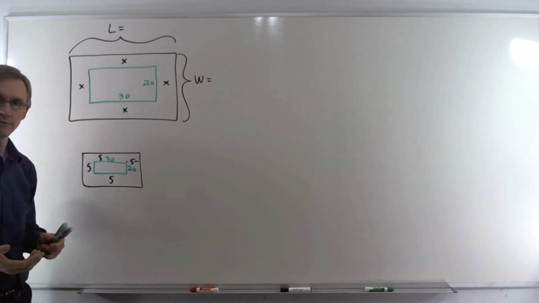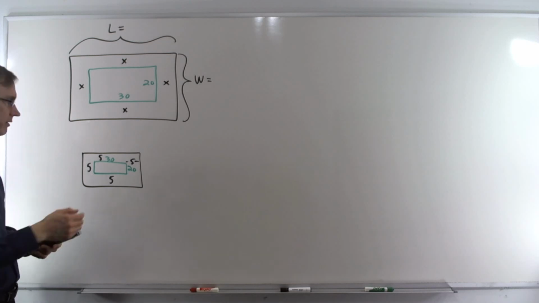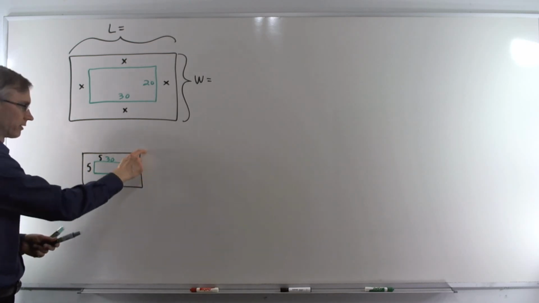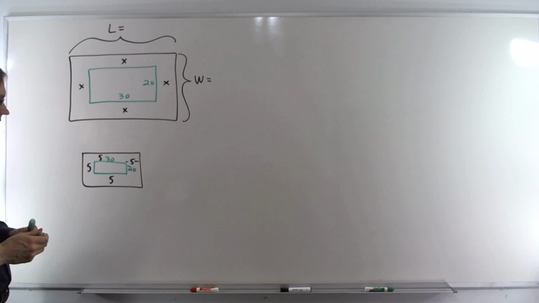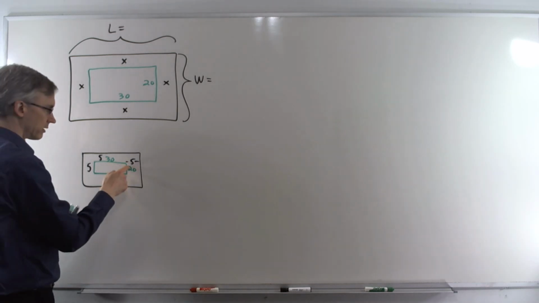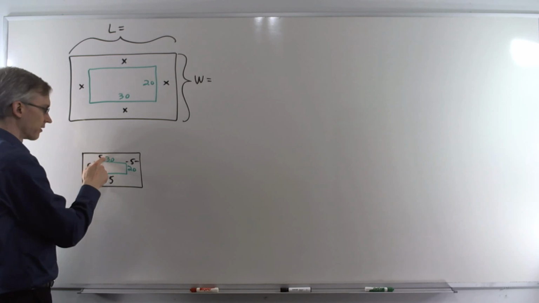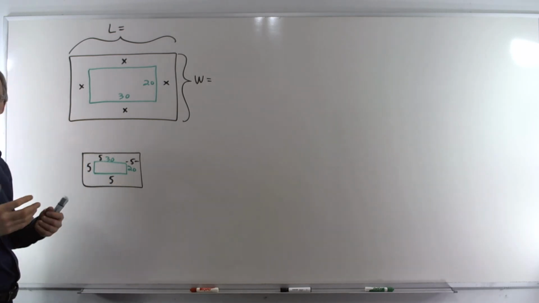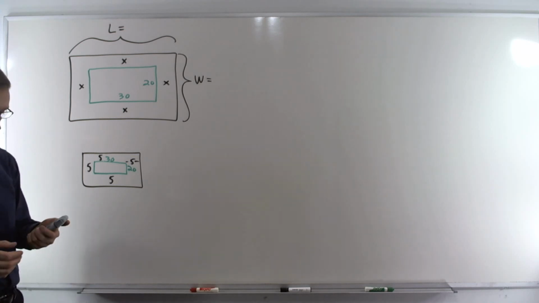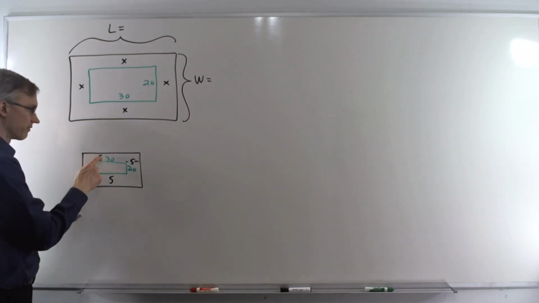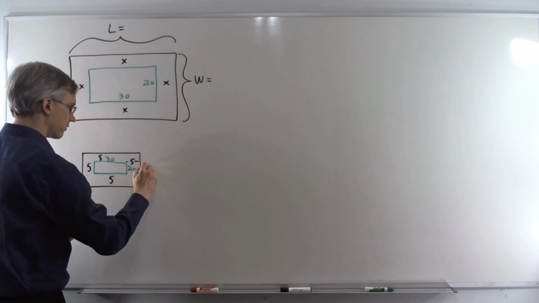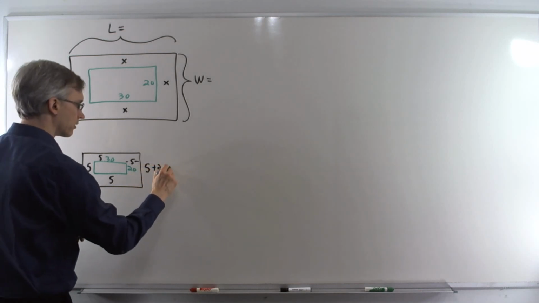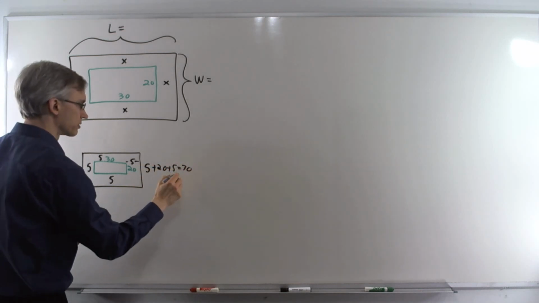If the additional width is 5, what's the new length and width of this outer area? Well, the width is 20, and then we have 5 here, so we got 5, 20, and 5. How do we get the total width? We add all those together. 5 plus 20 plus 5. And so we get 30.